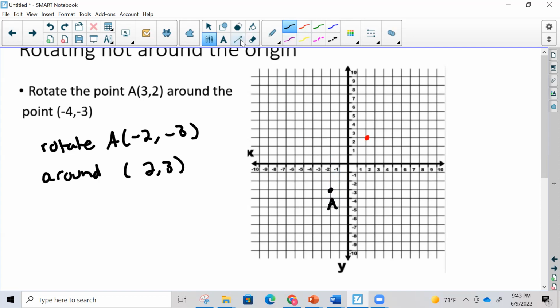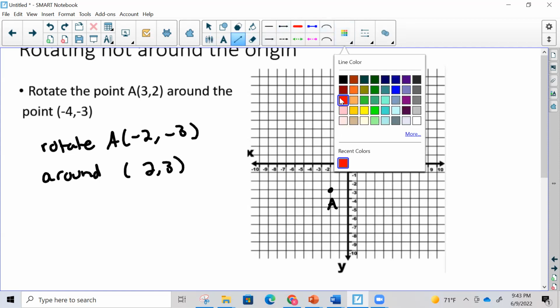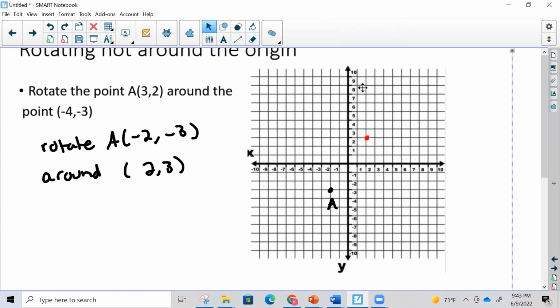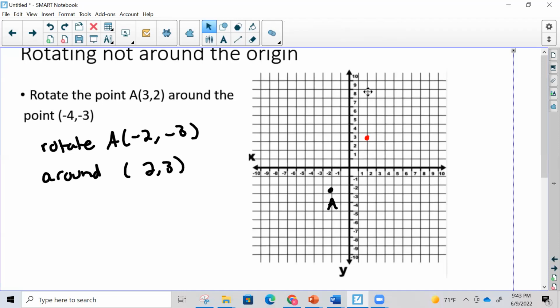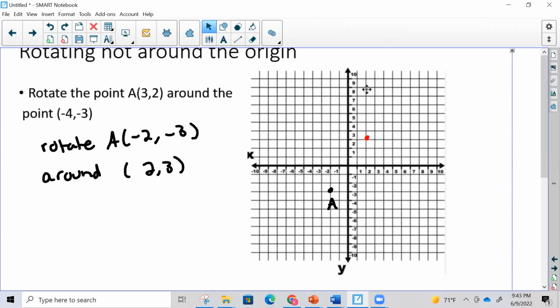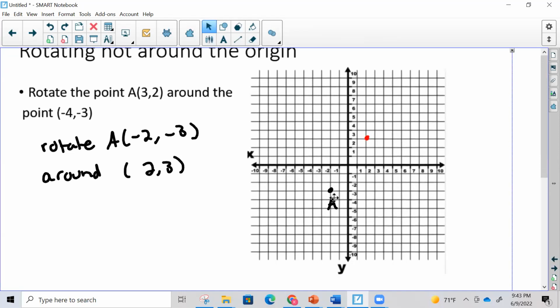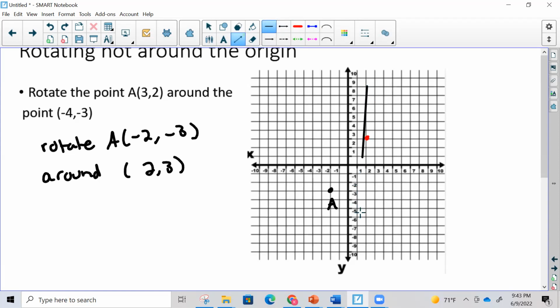So again, the first thing I do is draw my new axes at the point that I'm rotating around. Okay, so this is my new axis with the origin at 2, 3.